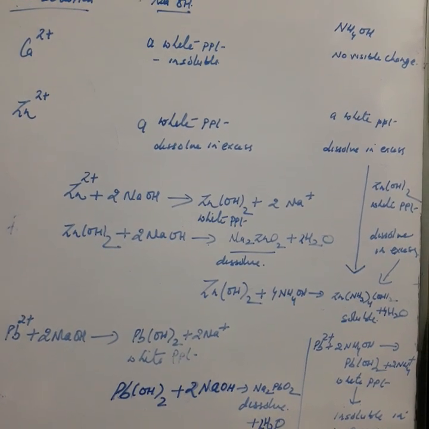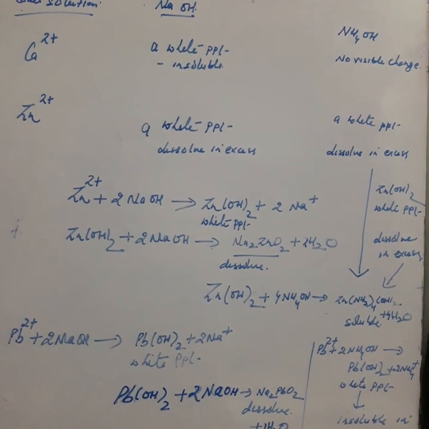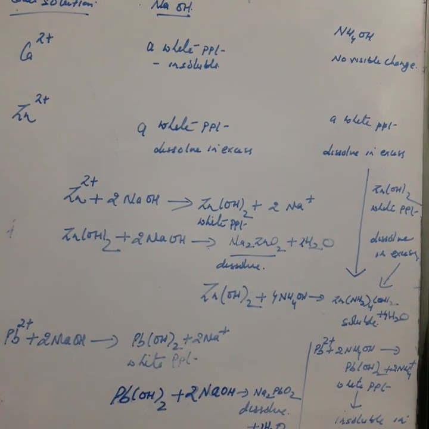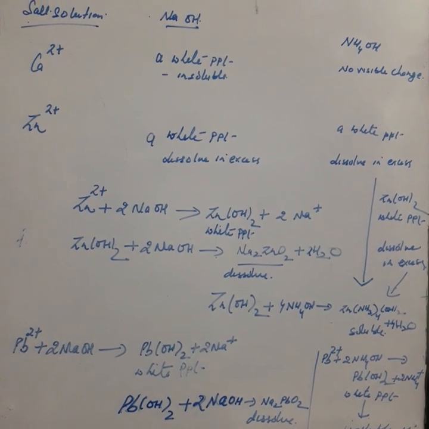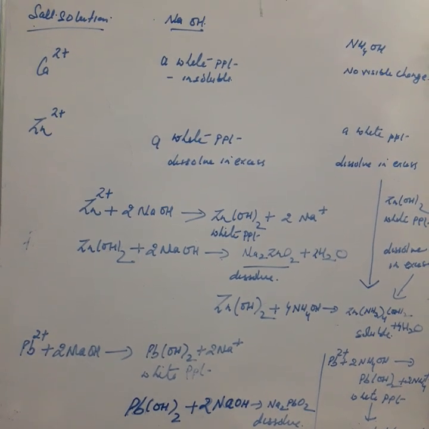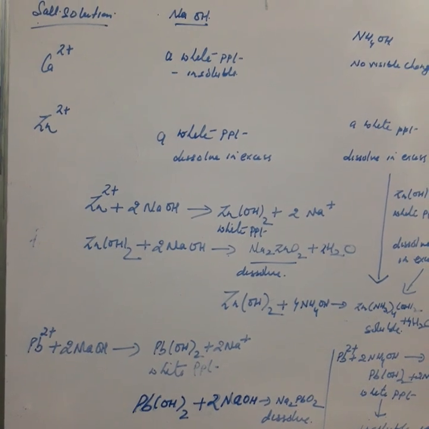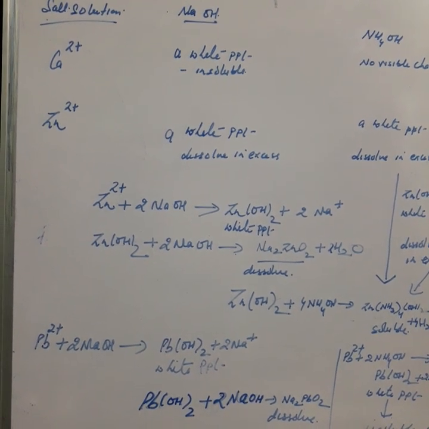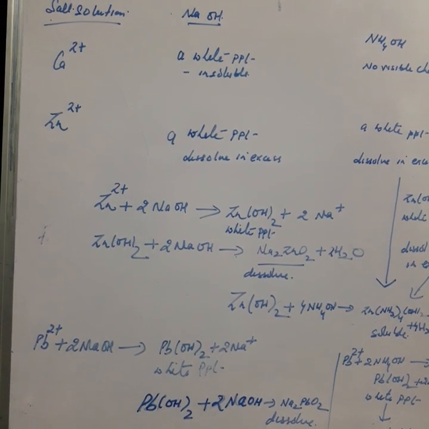First we will add a little amount, then in excess, and by observing the color and nature of the precipitate, we can find out which metallic radical is present in the given unknown salt. The first condition is that we should prepare a clear solution, then only will the precipitate be formed.